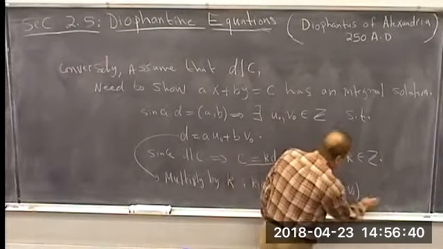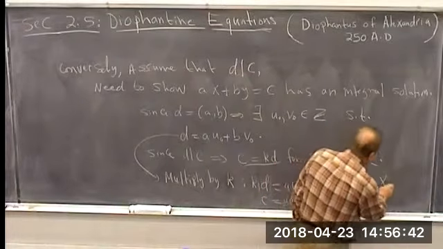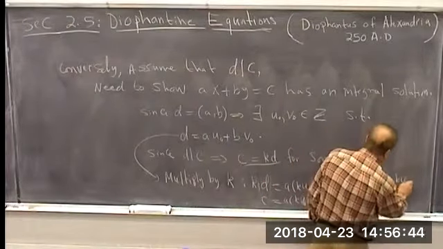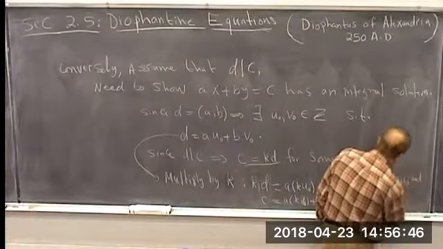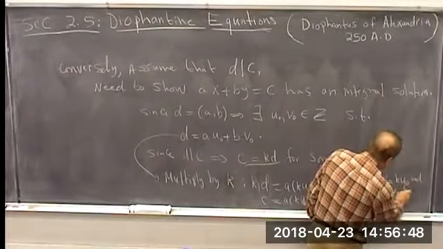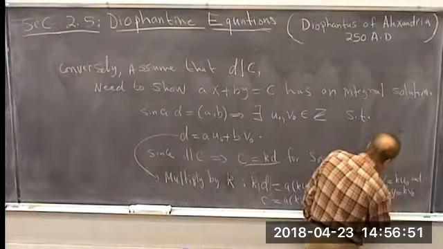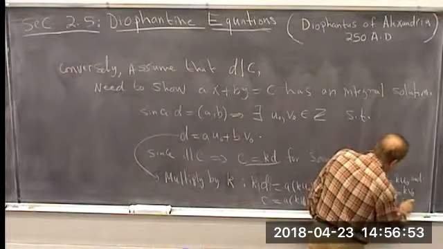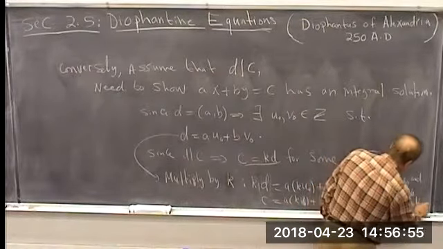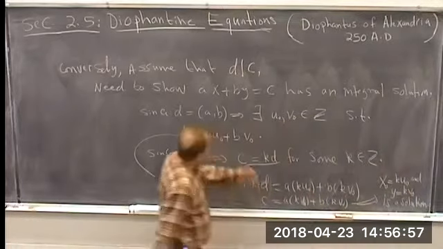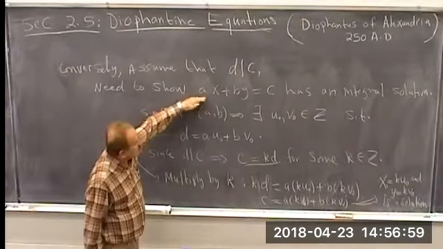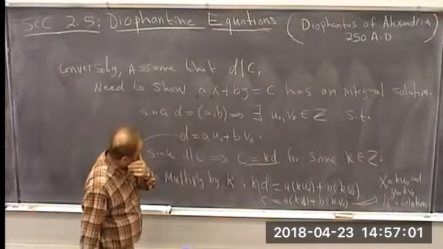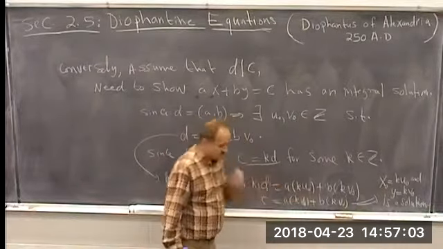This implies that x sub 0 is equal to k u sub 0 and y sub 0 equal to k v sub 0 is a solution. Because it satisfies, as you see, the one we took for the x, I call it x sub 0 to be k u sub 0 and so on.